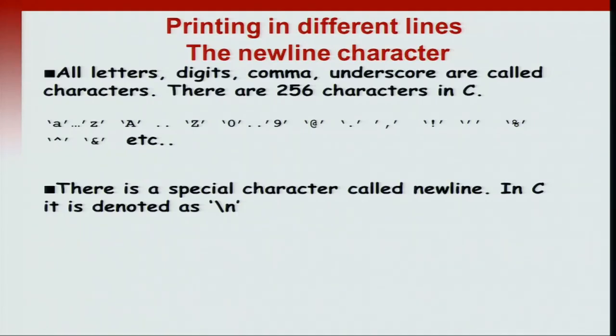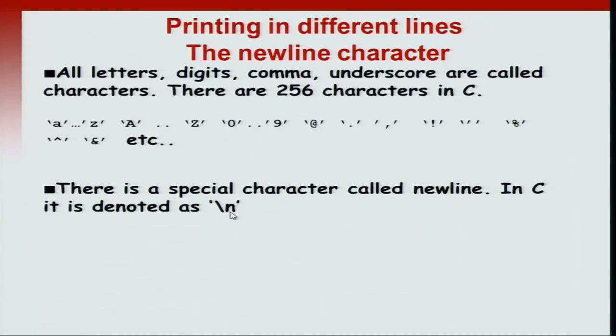Now, in addition to this, there are certain things called special characters. So, there is a special character called new line. In the C programming language, it is denoted as \n. Notice that there are two kinds of slashes, forward slash and backward slash, on your keyboard, and the new line character is denoted as \n.